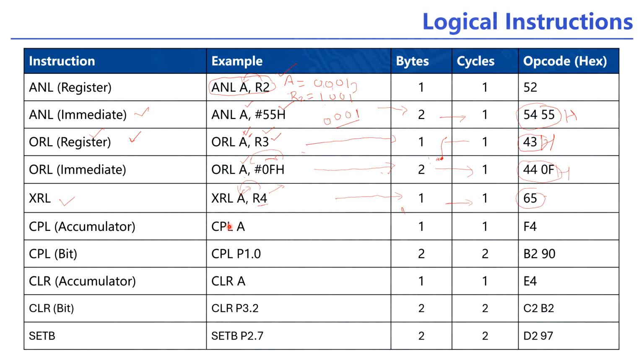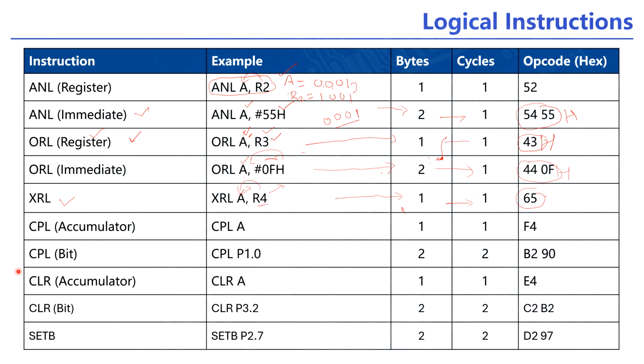Suppose this value, complement, some value 0 is there, this will complement 0, that is 1, 1, that is 0. Result will come in the accumulator. This instruction is a one byte instruction. The machine cycle for this instruction is 1, and opcode of this instruction is F4.